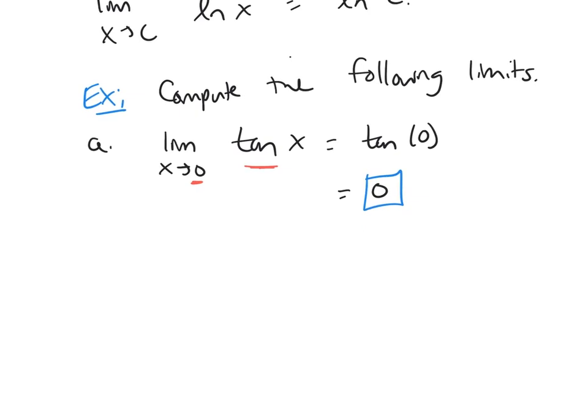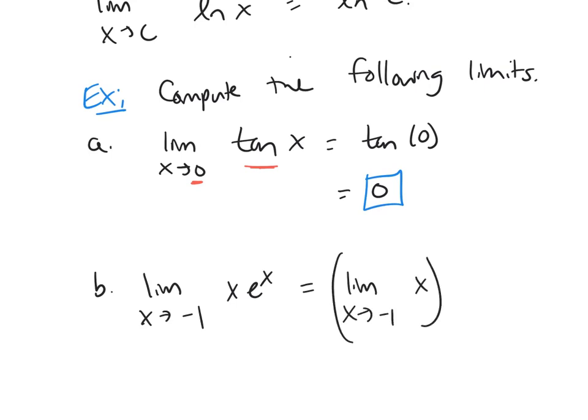Okay, let's look at another one. The limit as x goes to -1 of x times e to the x. Here I have a product, so I can split this up using my properties, as the limit as x goes to -1 of x times the limit as x goes to -1 of e to the x.